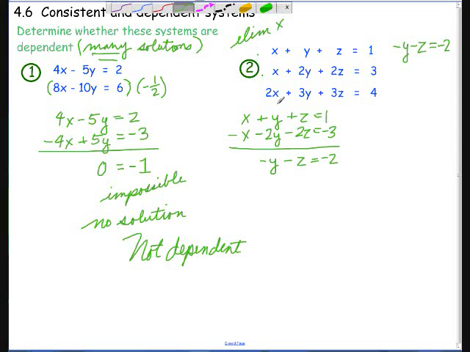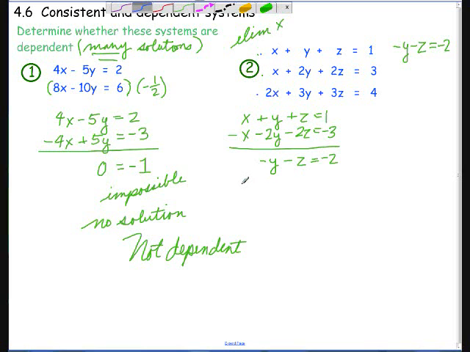Because I'm going to be using that for my second pass on this. Now I've used this one and this one. I need to use this one here. I think I'll still use the first one, and now I'll use that third one. I'm going to multiply this first one this time by negative 2, because I'm trying to get rid of x.